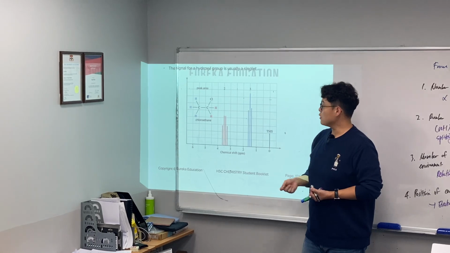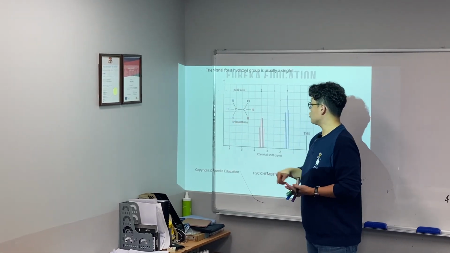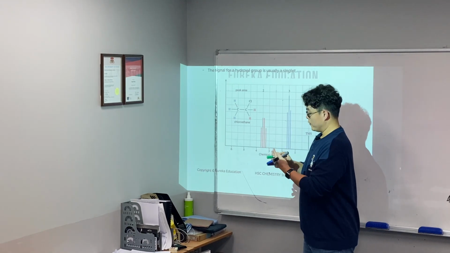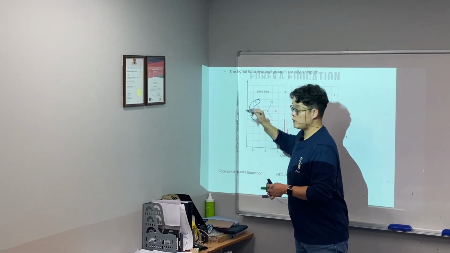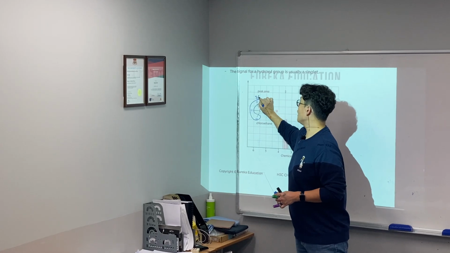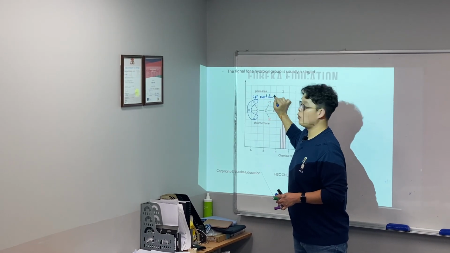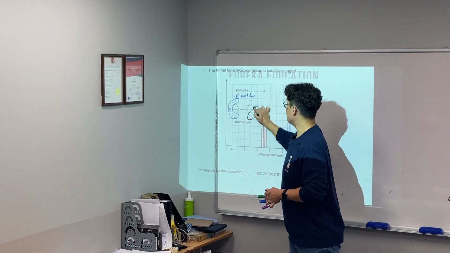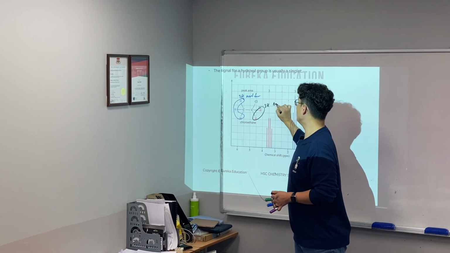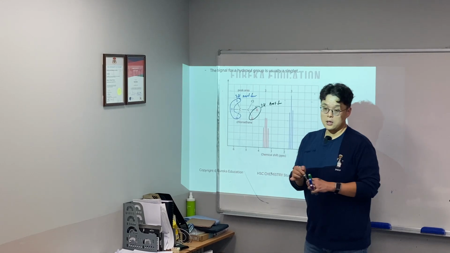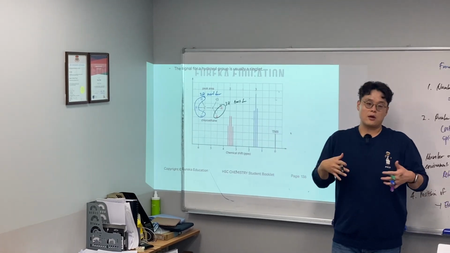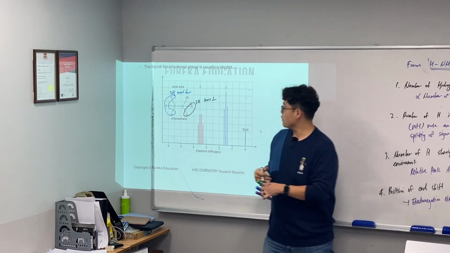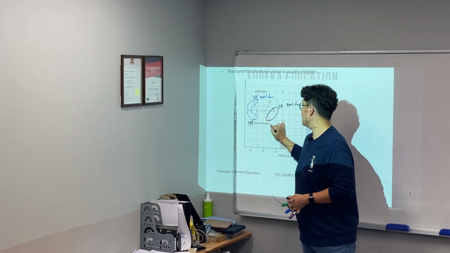For these 3 hydrogens, how many neighborhood hydrogens are living next door? There are 2 hydrogens next door. What about these 2? They have 3 hydrogens next door. It's very important that you clarify that they're in the living neighborhood, not inside the same house, with 3H and 2H given.